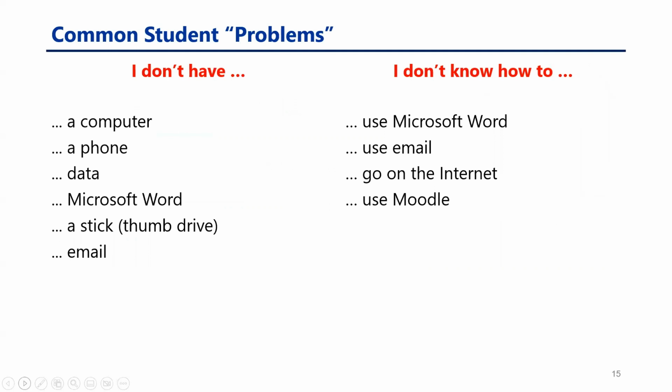Common problems that students face are that they don't have a computer, a phone, data that they buy with a scratch card, editing software like Microsoft Word, a stick, also known as a thumb drive, email, or they don't know how to use Microsoft Word, to use email, to go on the internet, or to use Moodle. What can we do about that?